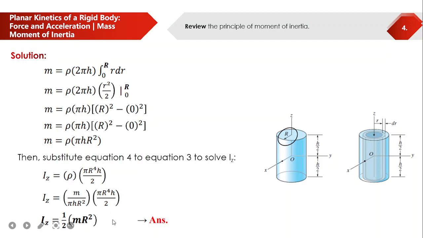So this is the formula when you are given a cylinder: the mass of the cylinder times the radius squared, then half of it, is your moment of inertia about the z axis. That's how you solve for it using the shell element.